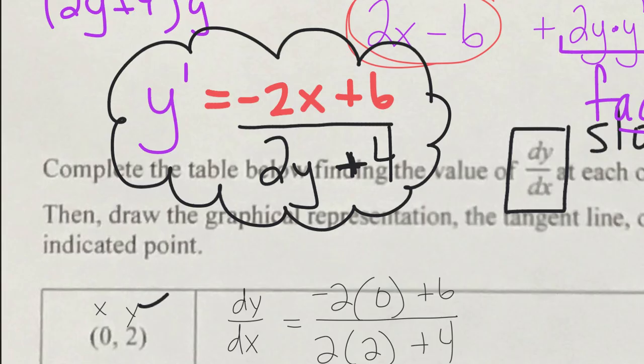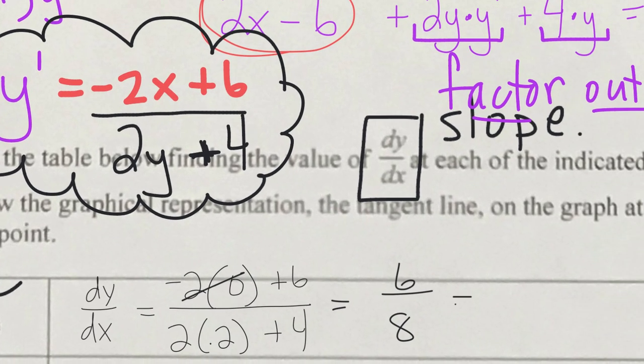And now it's just a matter of simplifying. Negative, that's a 0, so 6 over 4 plus 4 is 8. So our slope is positive 3/4. Okay, so we replace x with the x coordinate, replace y with the y coordinate, and we do the math, right? We simplify it down.